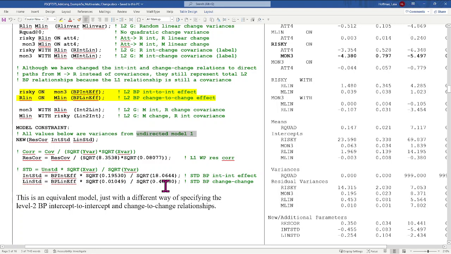So that's what it would be in a single level regression. Because of the way I set up the model, it makes sense to have a similar computation here. And I talk about that in chapter 9. So that is my way of taking what become unstandardized regression slopes and turning them into standardized slopes that will have the same value as the correlations that we saw in the previous undirected model.